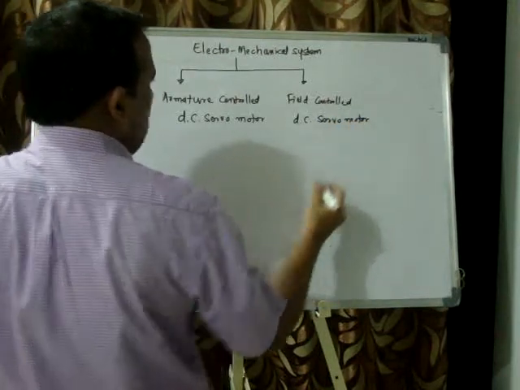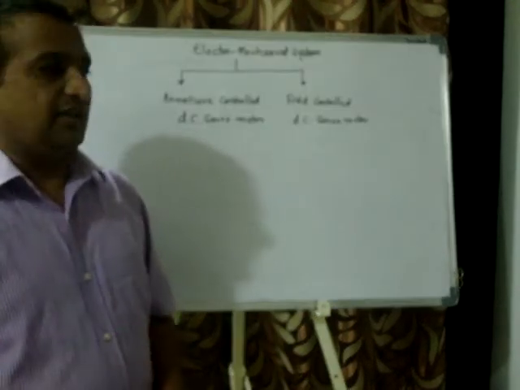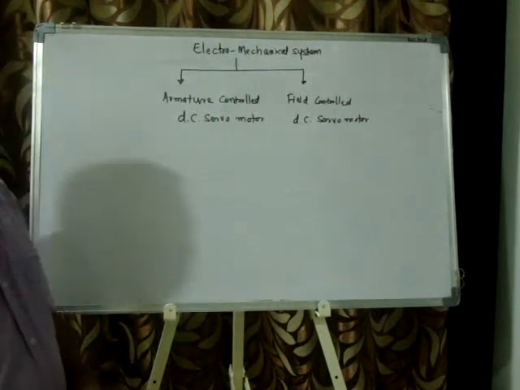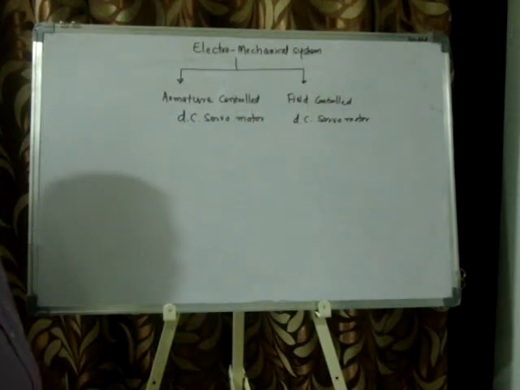Servo means what? Closed loop control system. There is a feedback. Okay, and it is the closed loop control system. There are two types: armature controlled DC servo motor and field controlled DC servo motor.